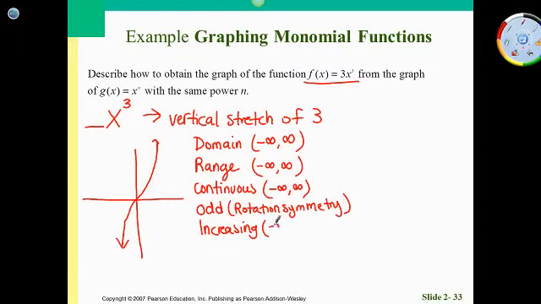So negative infinity to infinity. Is this graph bounded? No. Does this graph have any asymptotes? No. Do you guys see how I'm coding in everything that we did last chapter?